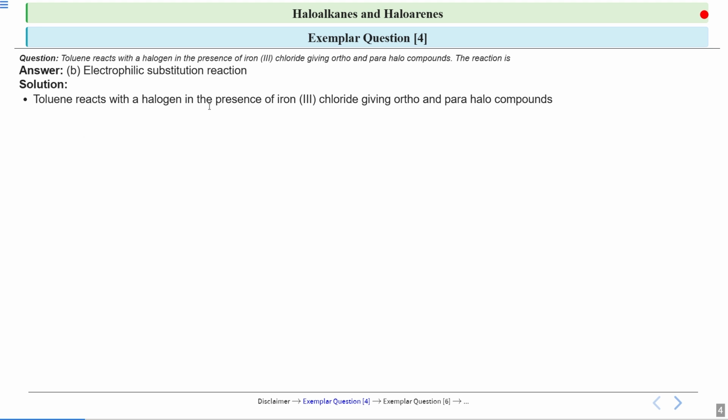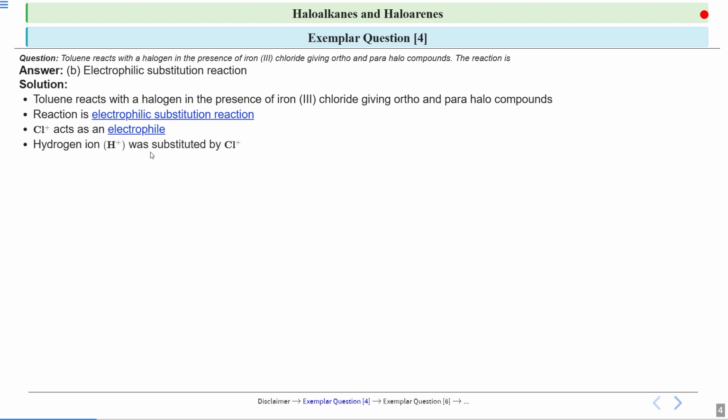When it reacts with the halogen in presence of iron chloride as a catalyst, it gives us ortho and para substituted halogen compounds, and the reaction is electrophilic substitution. In this reaction, Cl+ acts as an electrophile which attacks our electron-rich benzene ring, and the hydrogen, that is H+, is substituted by the Cl+ electrophile.